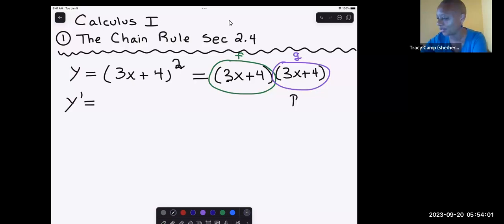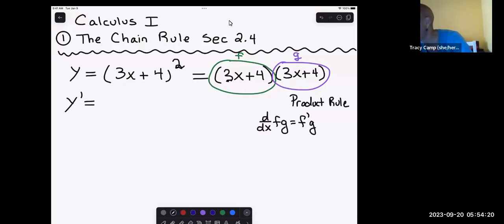The product rule says that if you're taking the derivative of a product, f times g, that's going to be equal to the derivative of the first function times the second function plus the first function times the derivative of the second function. So this is the product rule.